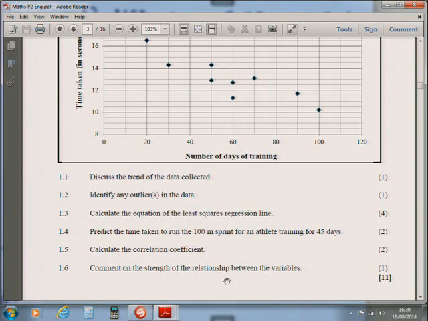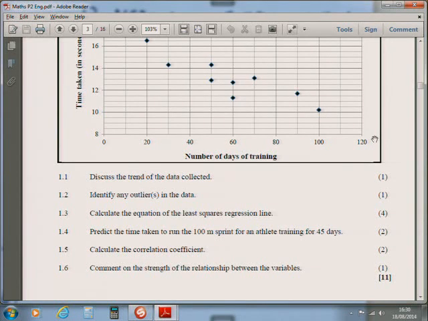Now number 6 says comment on the strength of the relationship between the variables. Already we agree the gradient was negative. We can see here it's a negative association. Do you see the set of data here? Can you realize that? Good.